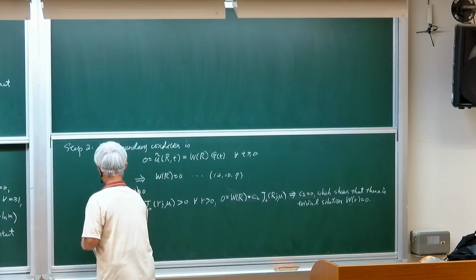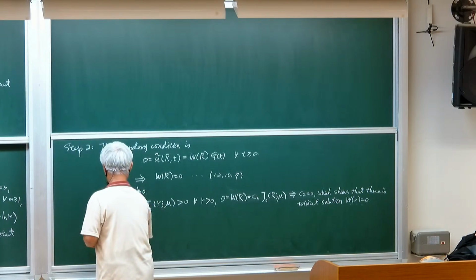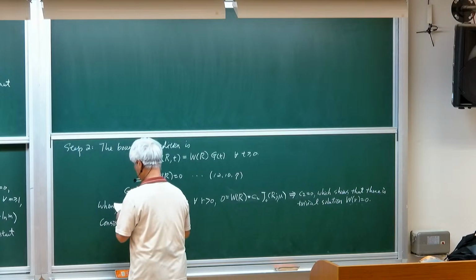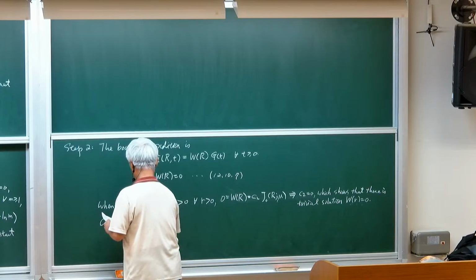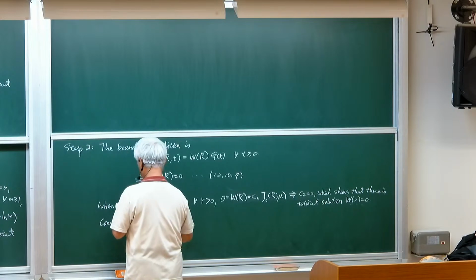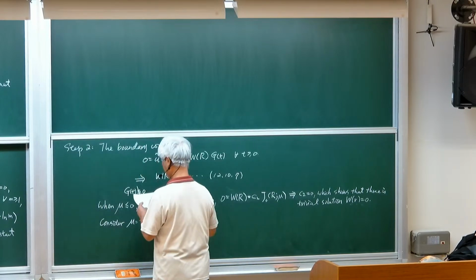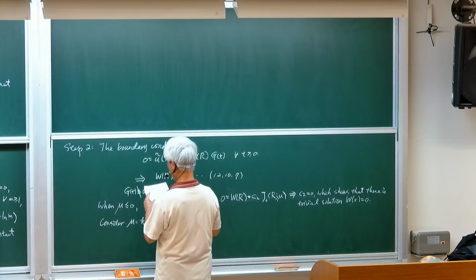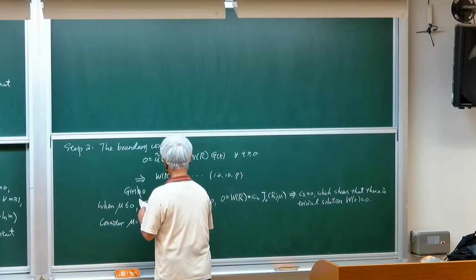So now we consider mu equal to k squared with k greater than 0.